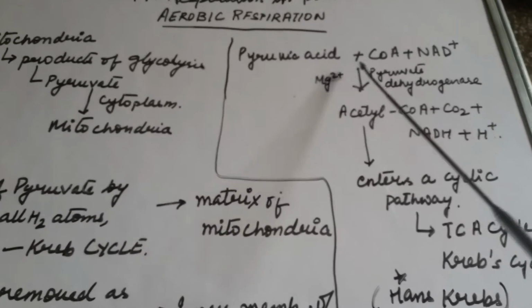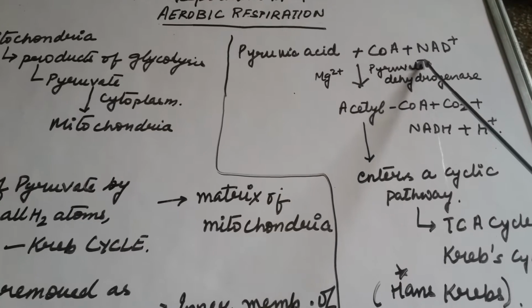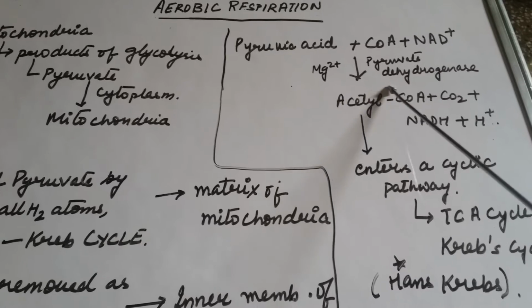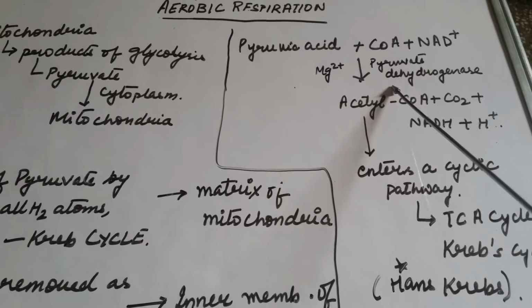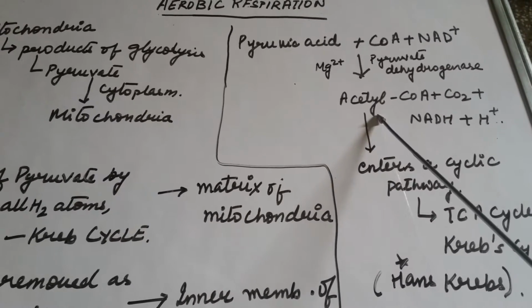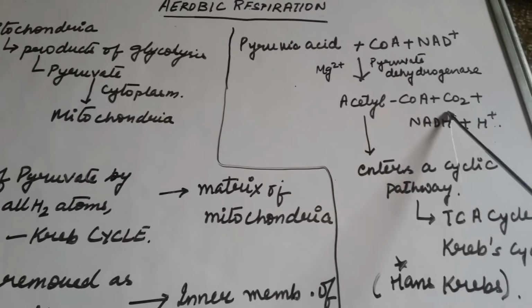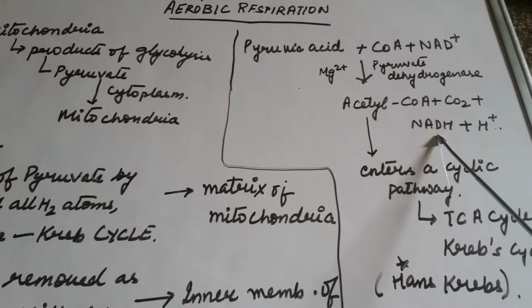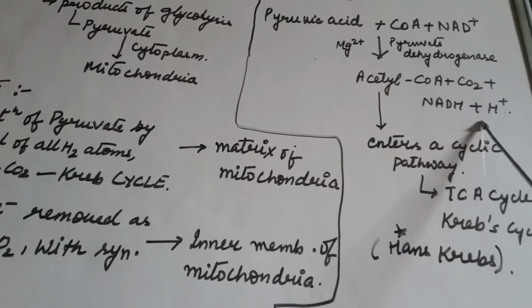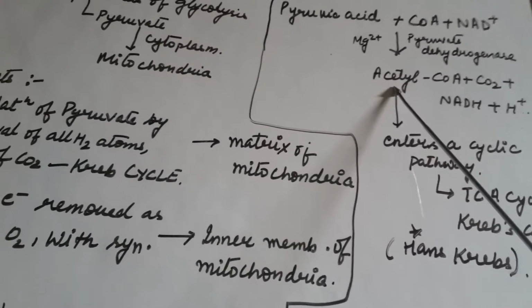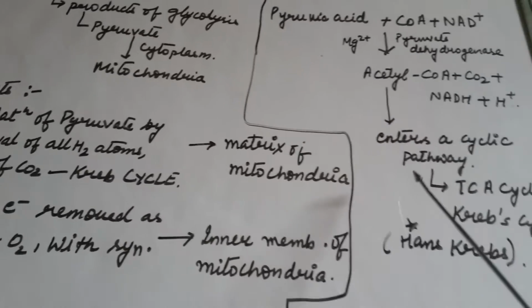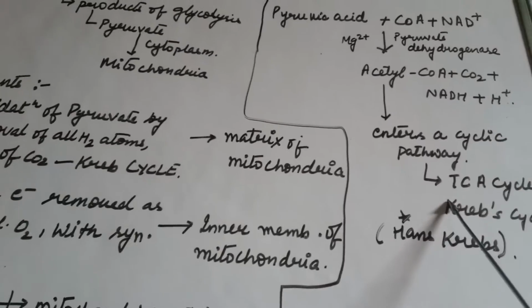The reaction is: pyruvic acid plus coenzyme A plus NAD+, in the presence of magnesium as a catalyst and the enzyme pyruvate dehydrogenase, results in the formation of acetyl coenzyme A, carbon dioxide, and reduction of NAD+ to NADH plus H+. The acetyl coenzyme A then enters a cyclic pathway, that is the TCA cycle or Krebs cycle.